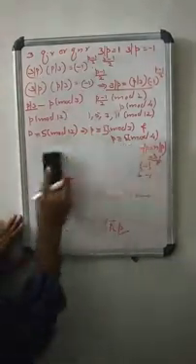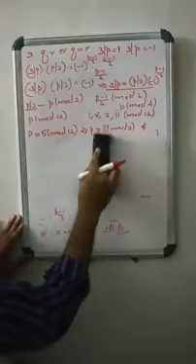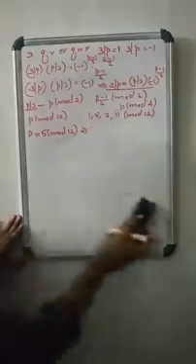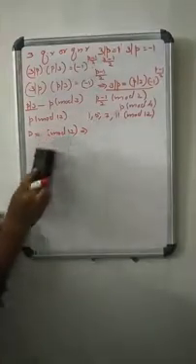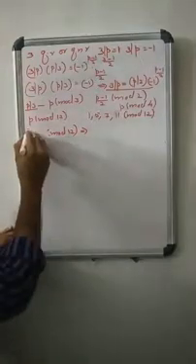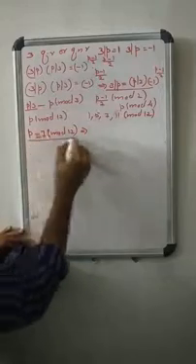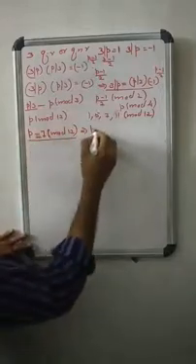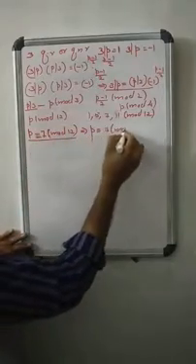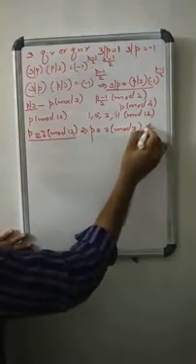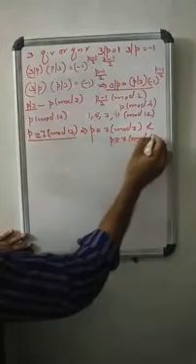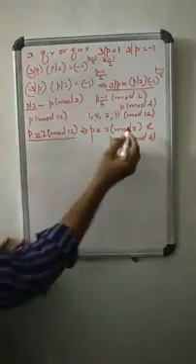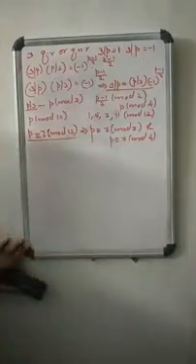When P is congruent to, what is the next one? When P is congruent to 7 mod 12. What happens here? When P is congruent to 7 mod 12, then clearly P is congruent to 7 mod 3 and P is congruent to 7 mod 4. Sure? In mod 3, what is 7? 7 is 1.